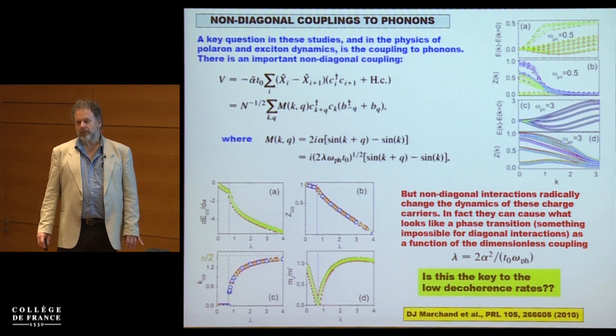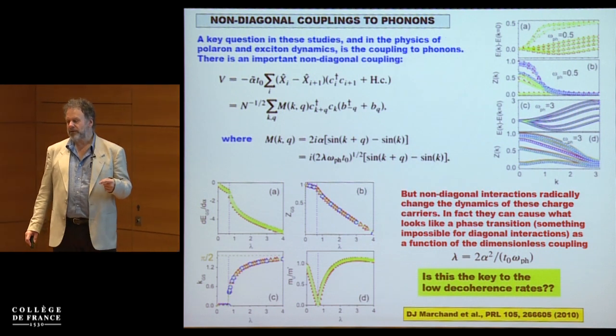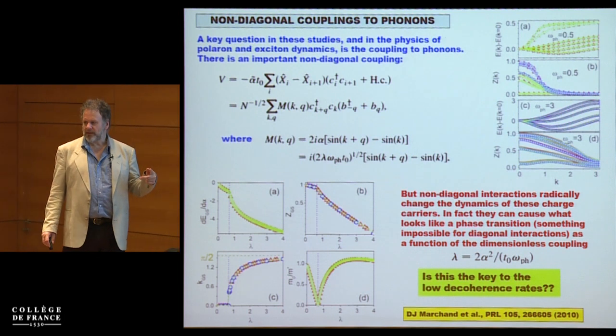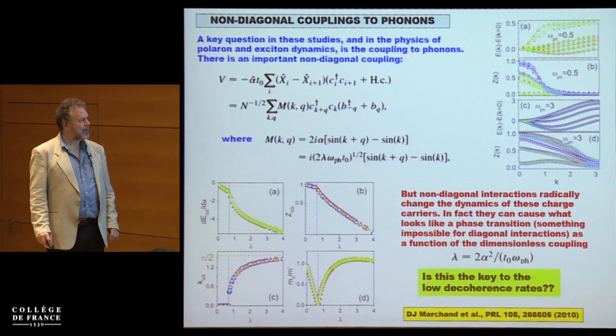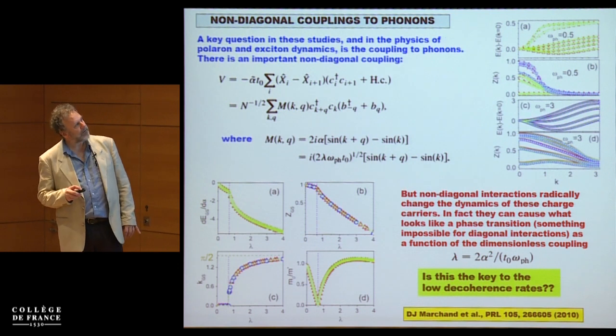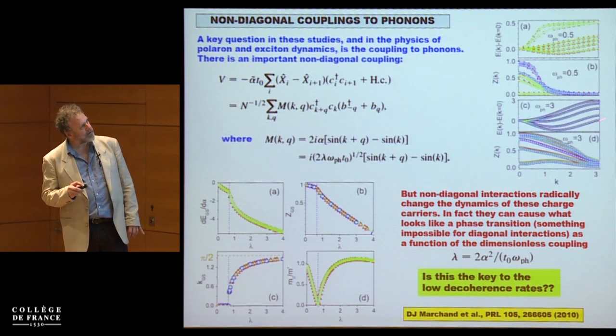And we've also discovered that the decoherence caused by the non-diagonal processes was roughly 20 times larger than for the diagonal processes for the same coupling strength. The phase transition is actually a change in the band structure, and one of these curves shows this. So this shows the band structure as we switch on the coupling, and you see how it alters. It's quite extraordinary.